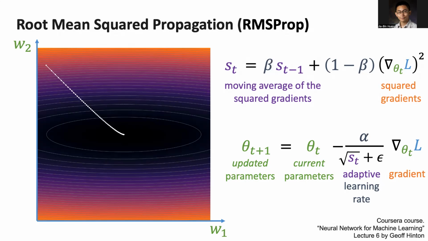The second one says that if I observe the gradient magnitude, the square of the gradients, if the gradient magnitude is large, then I should divide by it and make the learning rate small. And if the gradient magnitude is small, then I should divide by that, so the learning rate becomes larger. So usually you have these two ideas.